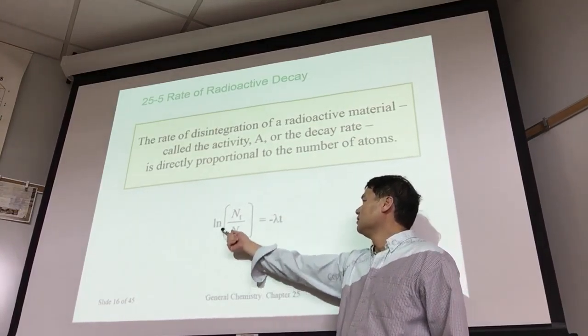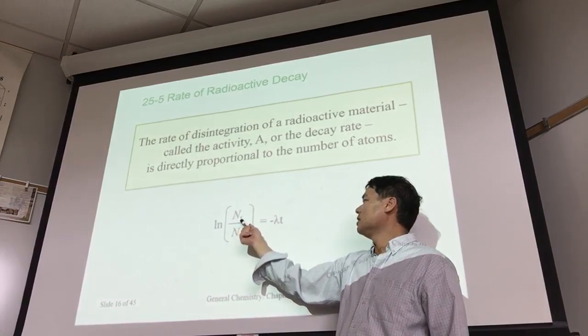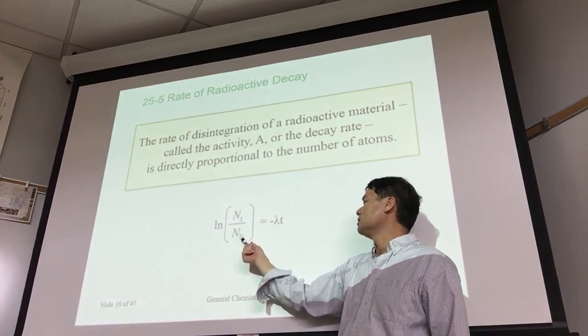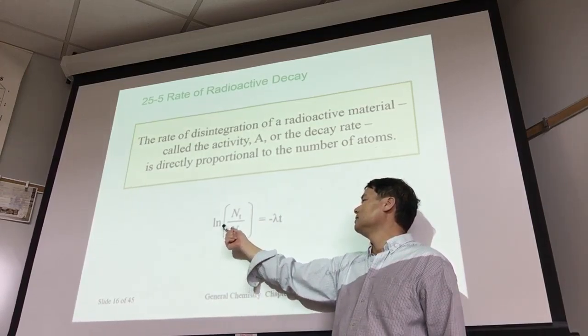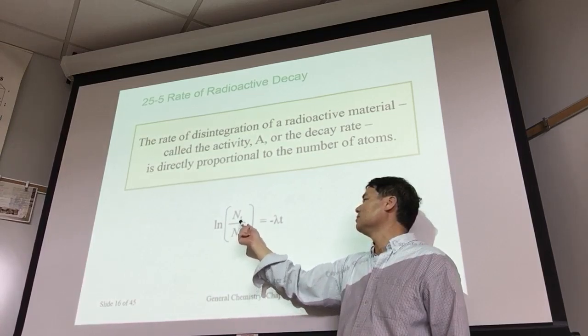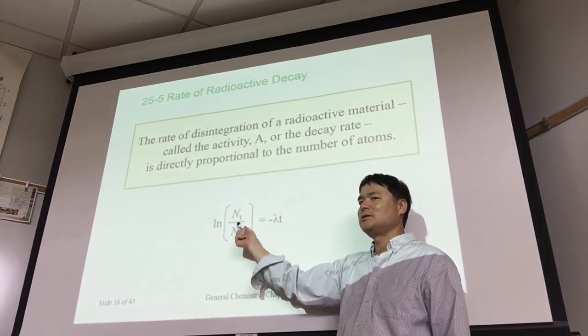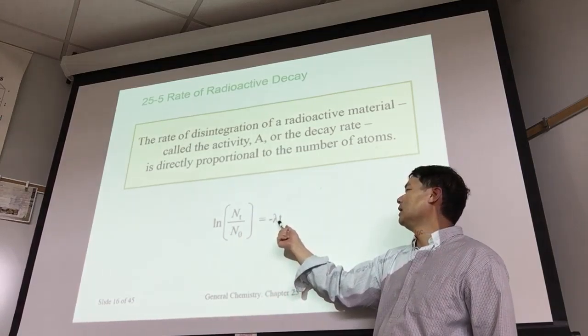What do we call this? We call this the integrated rate law for first order kinetics, except rather than ln of the concentration at time t over the concentration at time 0 equals negative kt, we use the number at time t over the number at time 0, of the radioactive nuclides, equals negative lambda t, where lambda is the rate constant.